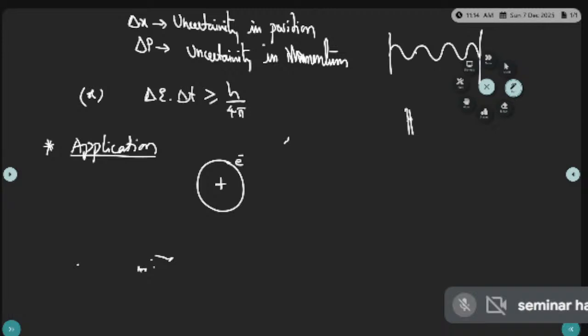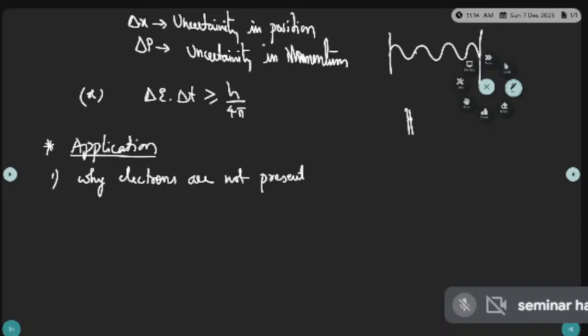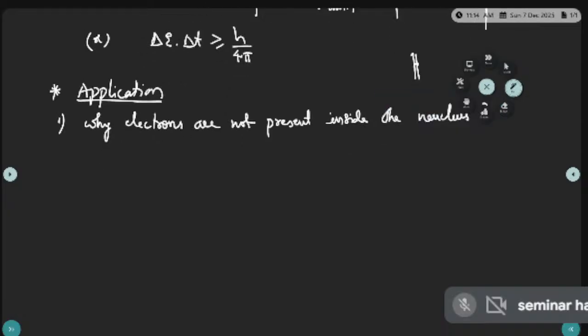Okay, now, right. Let us assume that electrons are present inside the nucleus. This is the question: why are electrons not present inside the nucleus? To answer this, I am going to write the reason.